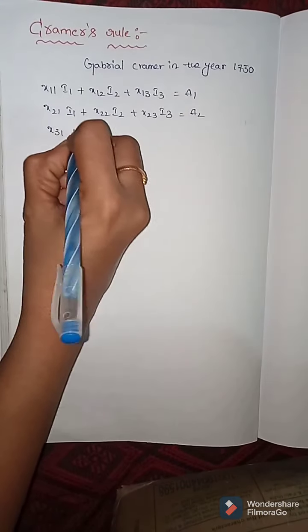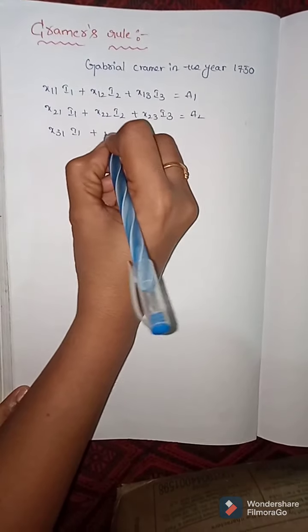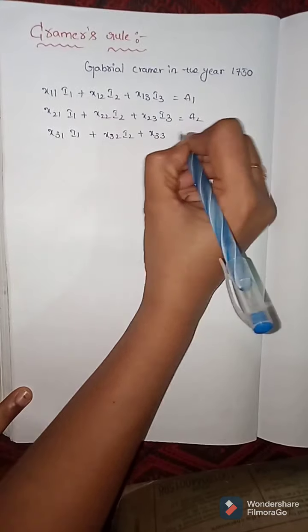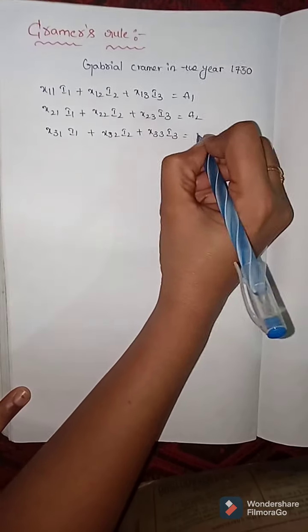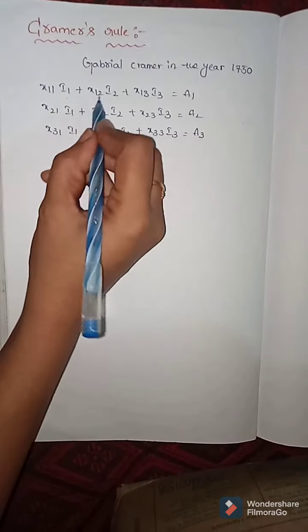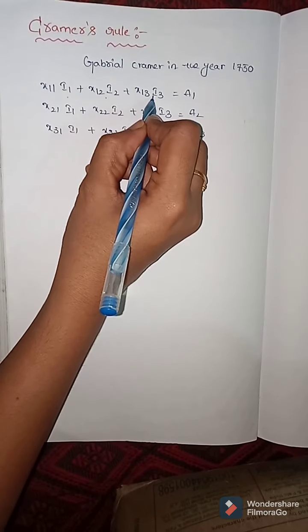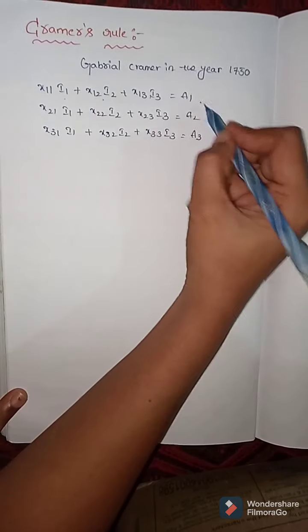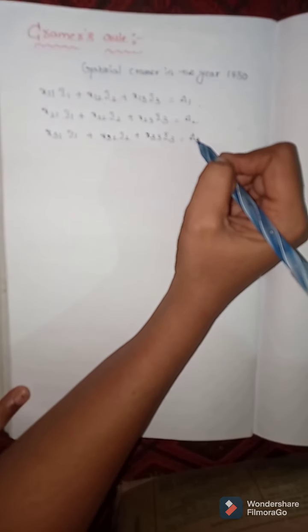And the third equation, x31 I1 plus x32 I2 plus x33 I3 is equal to A3. Here I1, I2, I3 are the unknown currents to be determined, and A1, A2, A3 are constants.